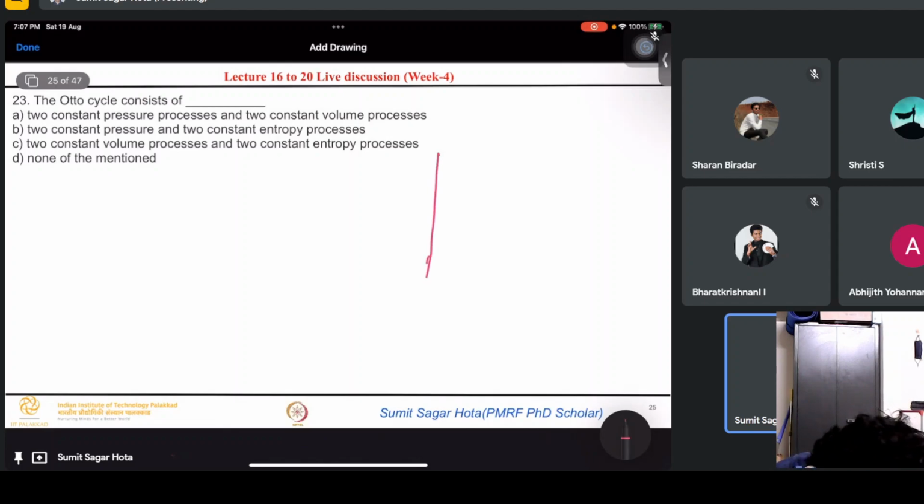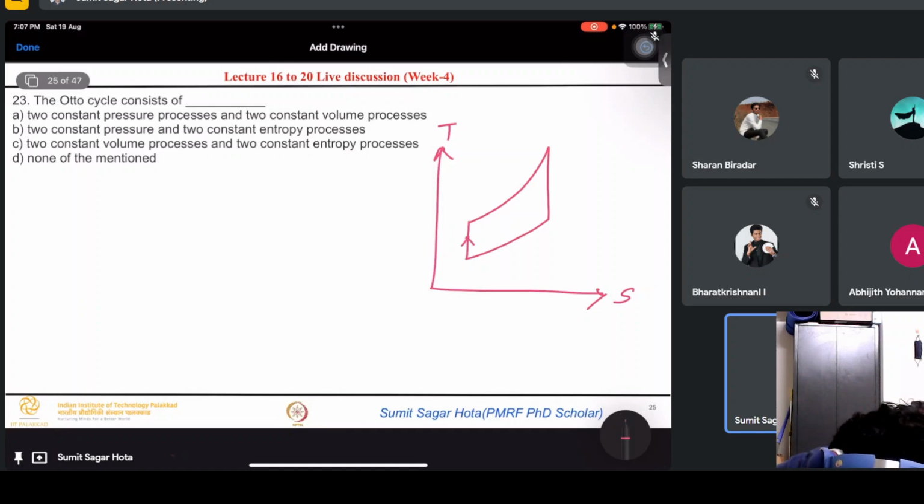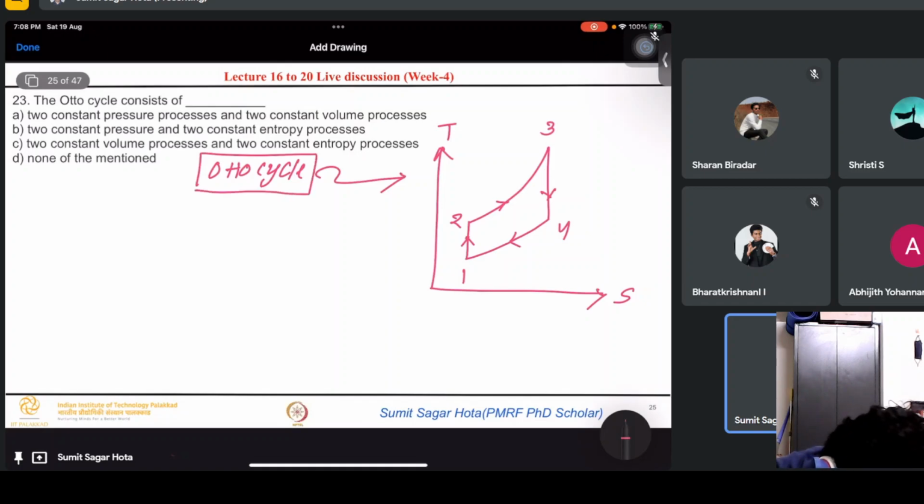Drawing the cycle will solve this problem very easily. This is your T, this is your S.